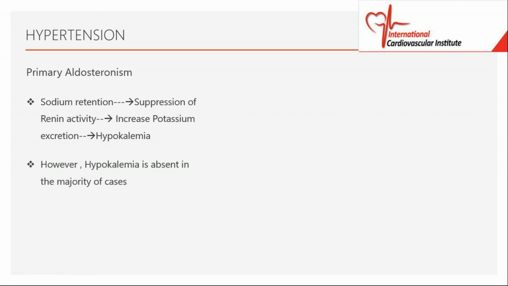These are things that go on in the kidneys, and because of the suppression of renin activity, you get increased potassium secretion, and as a result of that, low potassium, hypokalemia. So all of this is because of the increased aldosterone. Again, increased aldosterone, you're going to get sodium retention, and then increased potassium loss in the kidney and hypokalemia.